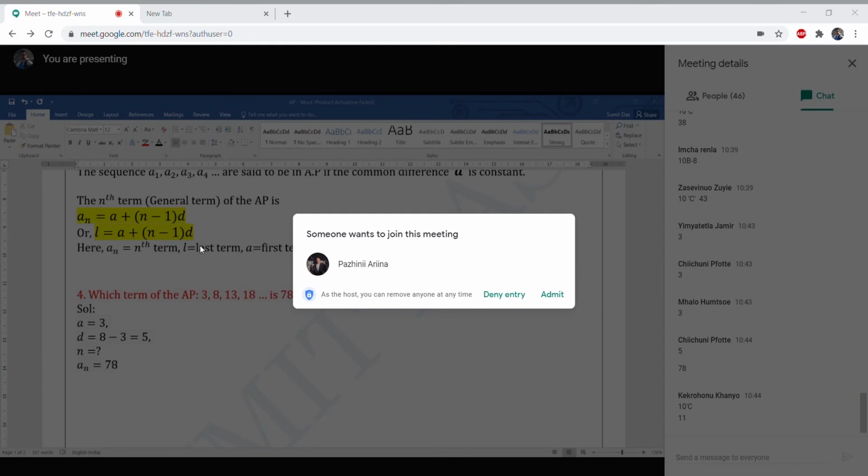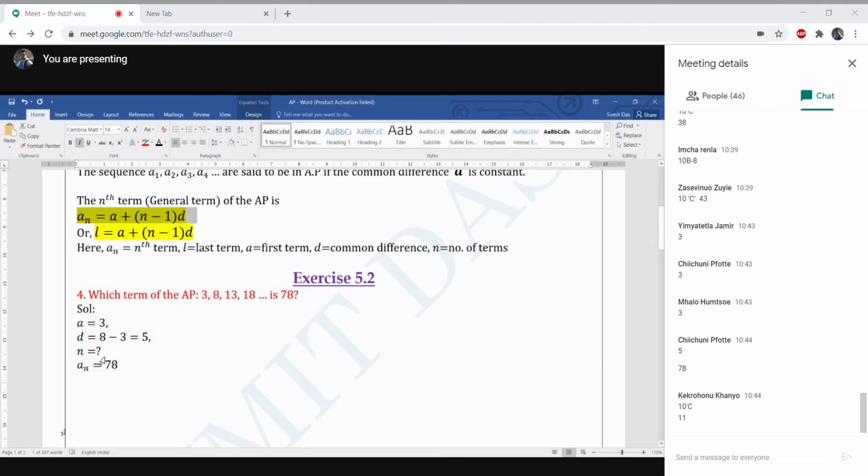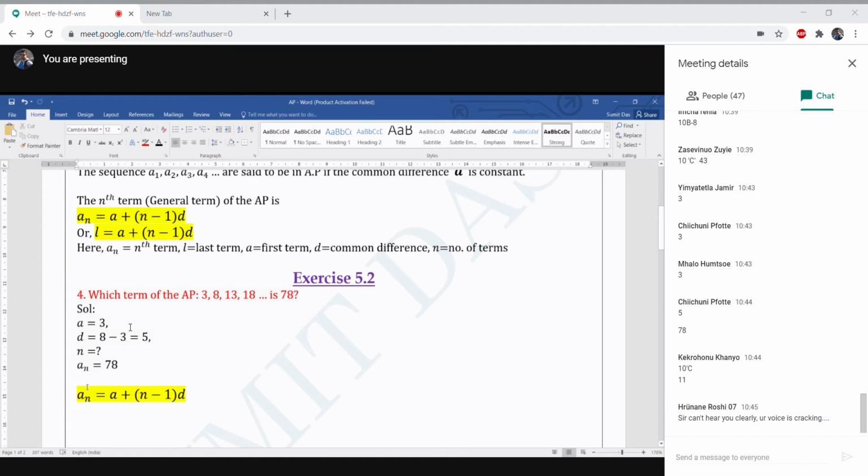So after that we have to put the values in the formula. Identifying these things is very important because everyone can remember the formula. Identifying this part is very important: which is a, which is d, which is n and an.